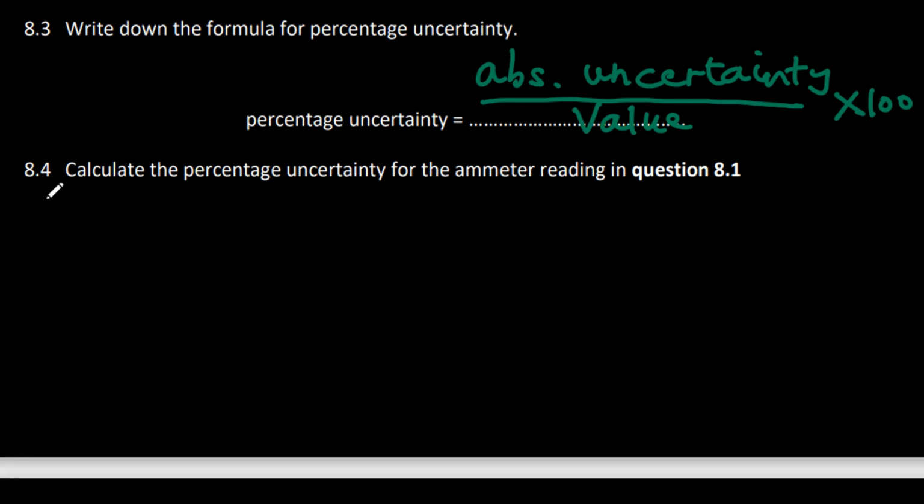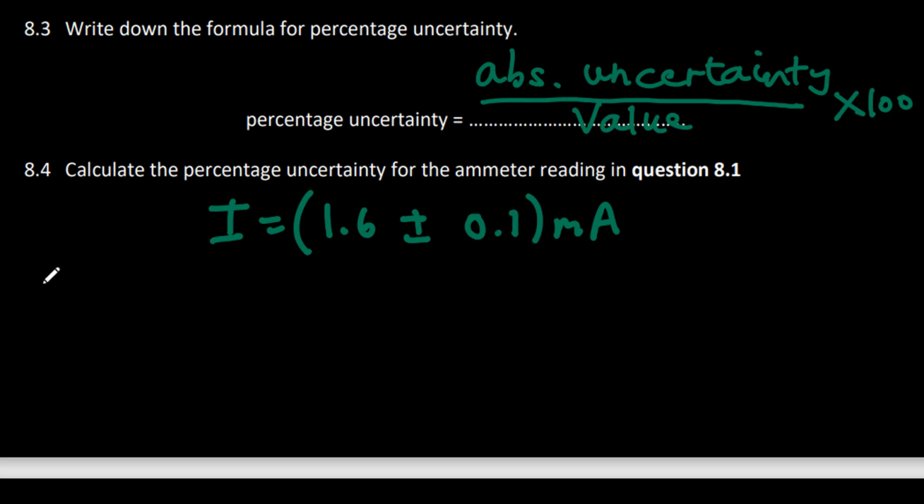Then in question 8.4 it says calculate the percentage uncertainty for the ammeter reading in question 8.1. Now recall that in question 8.1 the ammeter reading was given as 1.6 plus minus 0.1 milliamps. So the measured value together with the absolute uncertainty. We can use this equation.